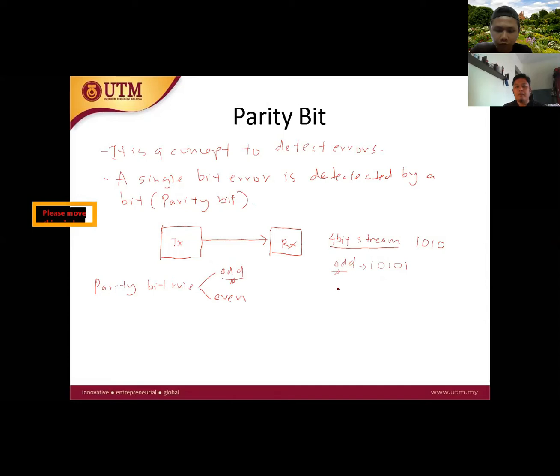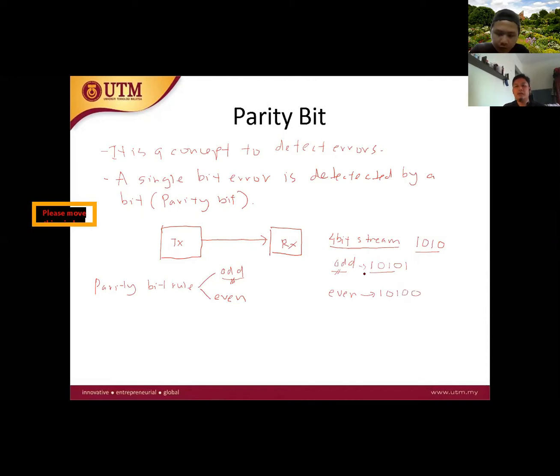Remember, this is the original data we send from the transmitter to the receiver, including the parity bit. If we set even, the data that we send from the transmitter, including the parity bit value, should be 1 0 1 0 0.